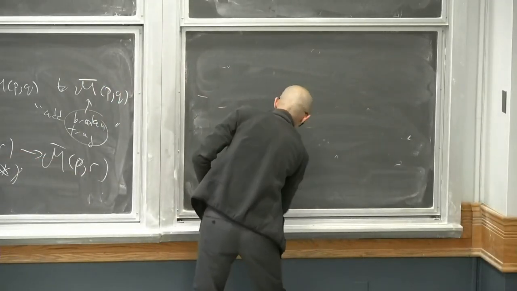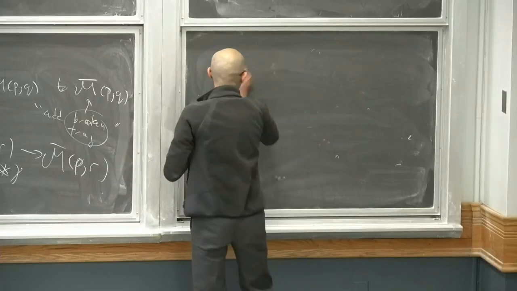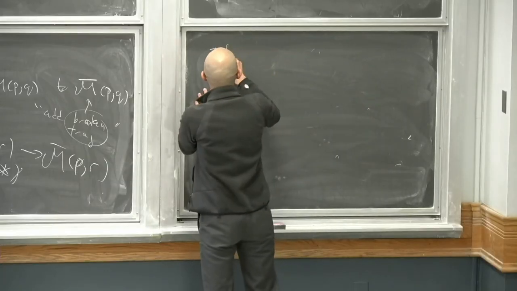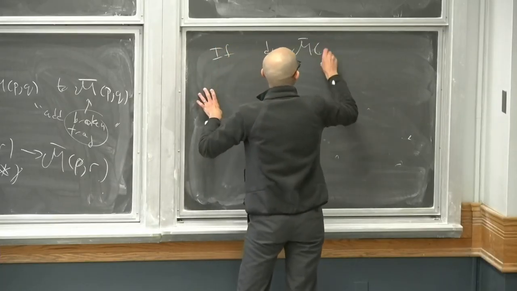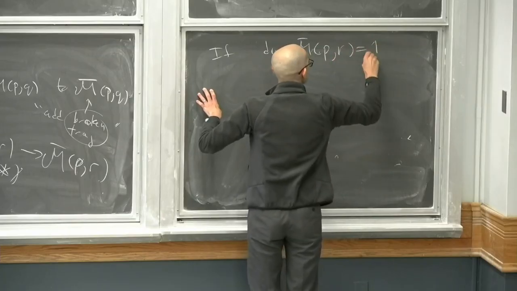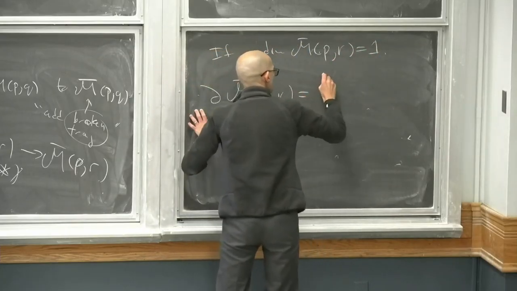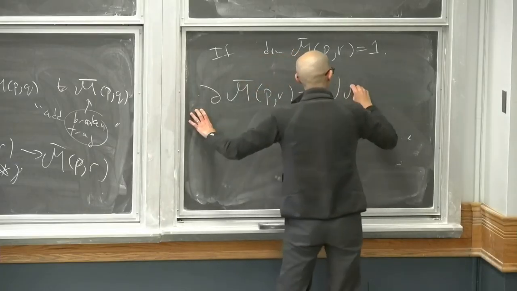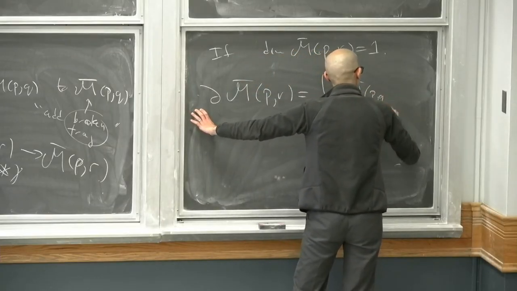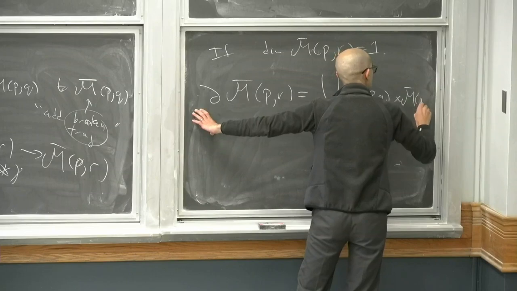And what this tells you is that if the dimension of M bar PR equals 1, the boundary of M bar PR is the union over all Q. I'm just going to write exactly the same thing.